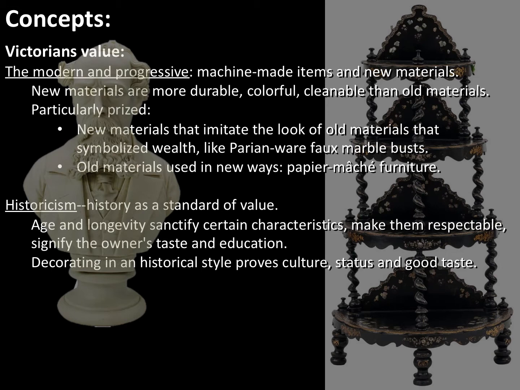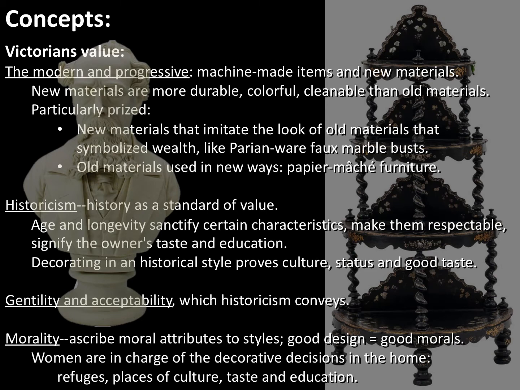So choosing to decorate in an historical style proves that you've got culture and good taste. The third thing that Victorians value is gentility and acceptability, which historical objects seem to convey.